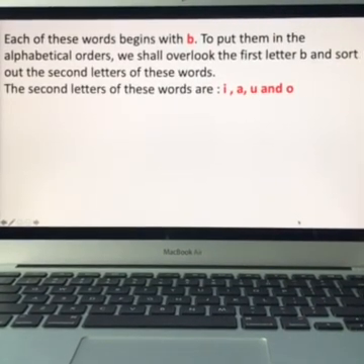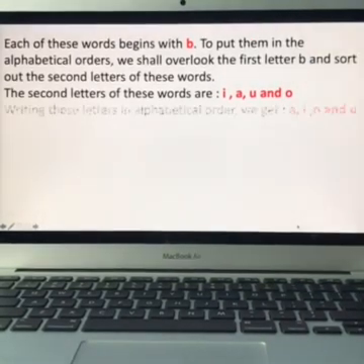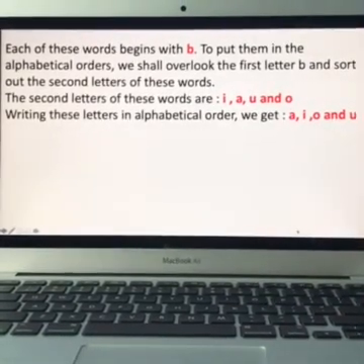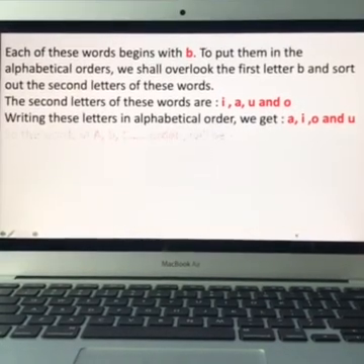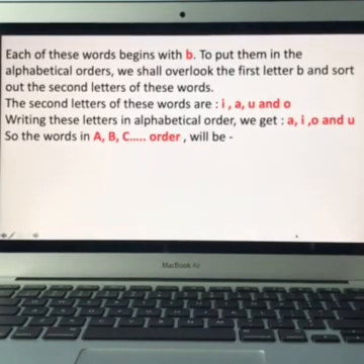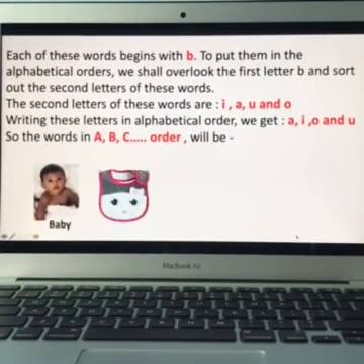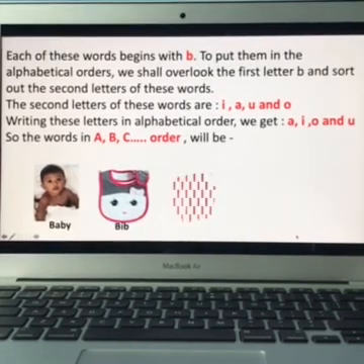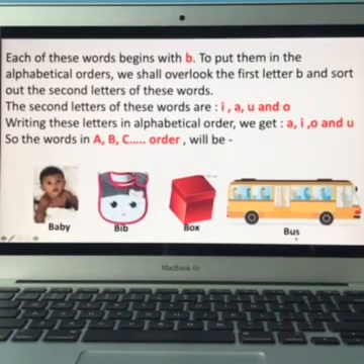The second letters of these words are I, A, U and O. Writing these letters in alphabetical order, we get A, I, O and U. So the words in ABC order will be baby, bib, box, bus.